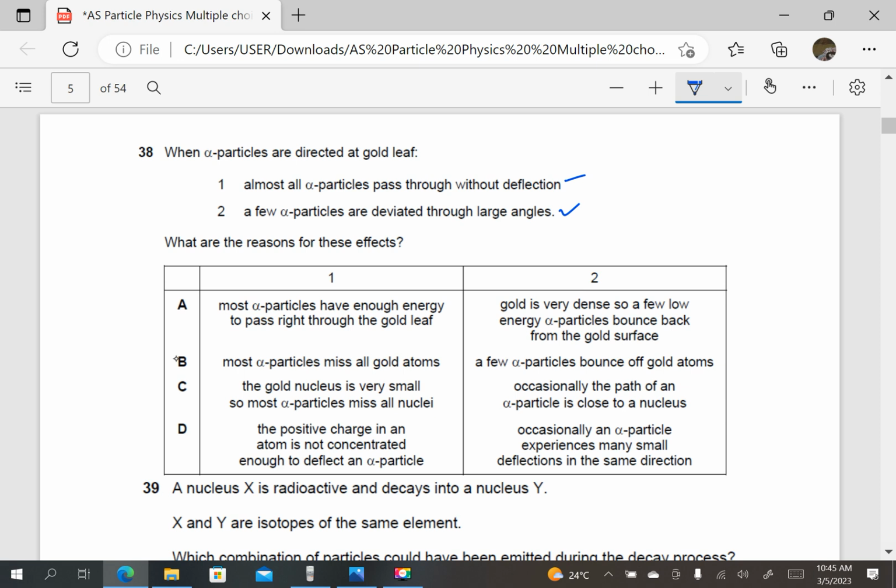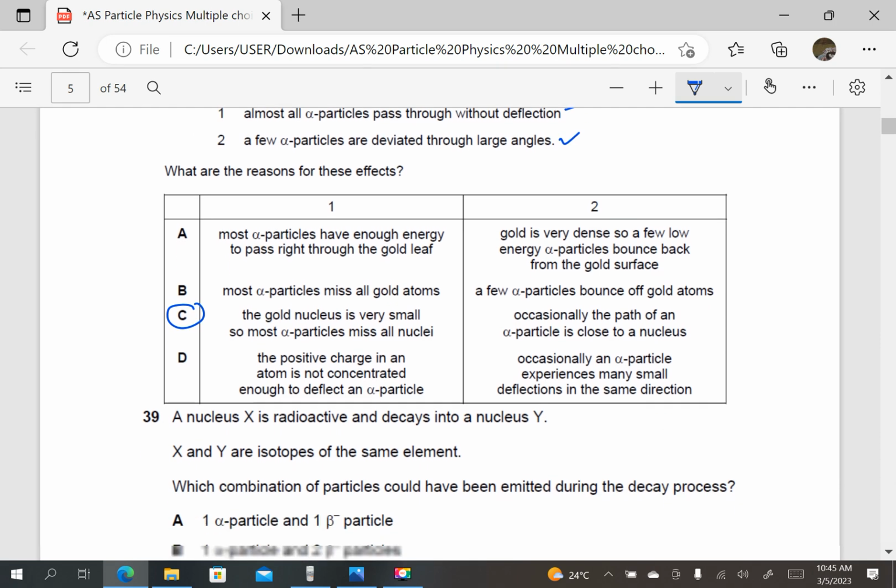Occasionally, an alpha particle experiences many small deflections in the same direction. So the answer is C. The gold nucleus is very small, so most alpha particles miss all nuclei. That is, most of the atom is empty space. Then occasionally the path of an alpha particle is close to a nucleus. That's when it is deflected through large angles.